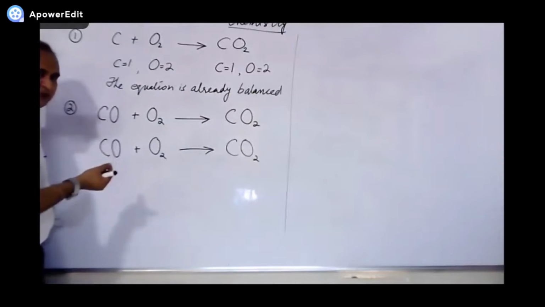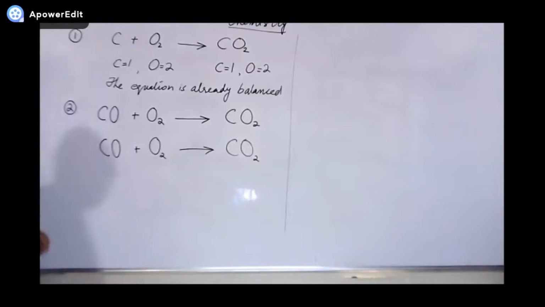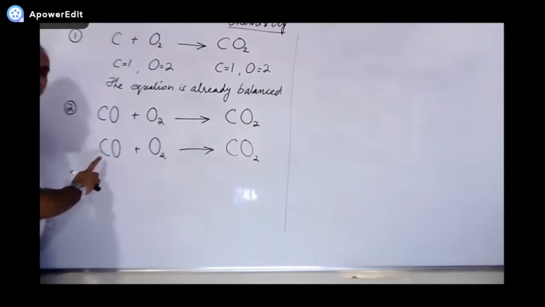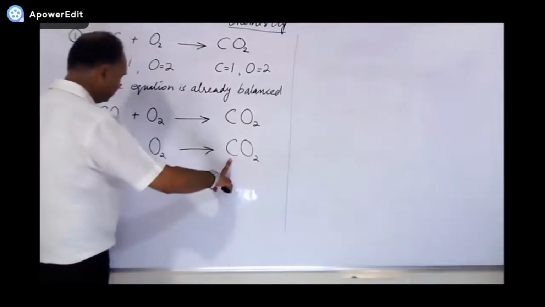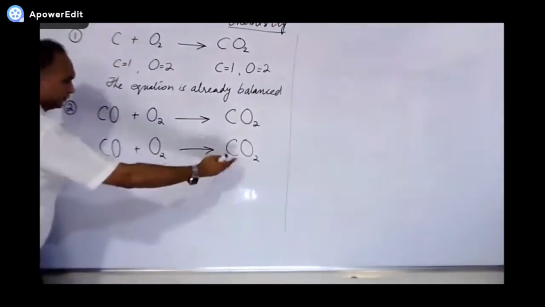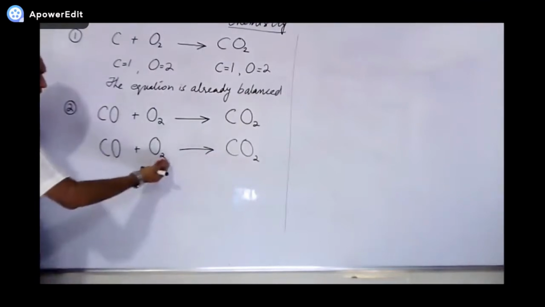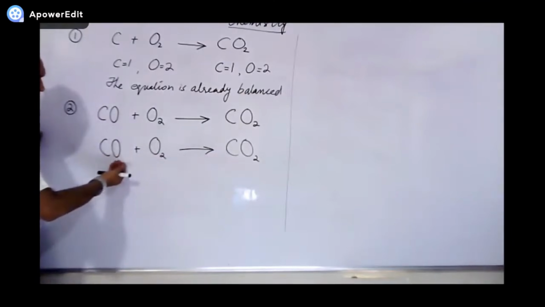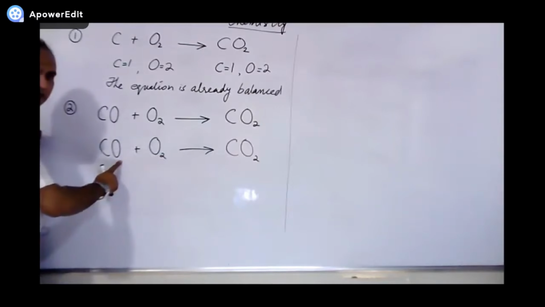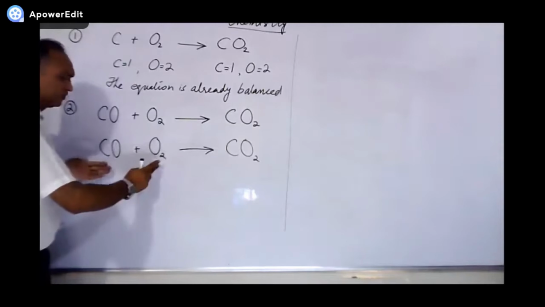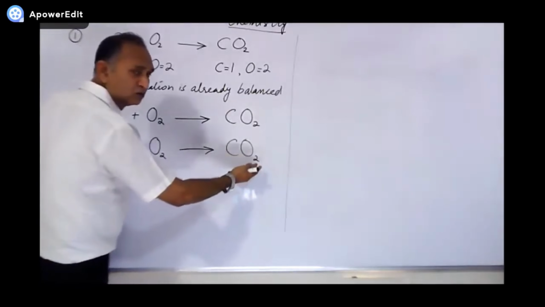Take a pencil and start balancing it. Carbon on left side, 1. Carbon on right side, 1. So there isn't any difference in carbons. How many oxygen on left side? 2 and 1. 3 oxygen on the left side. How many oxygen on the right side? 2.